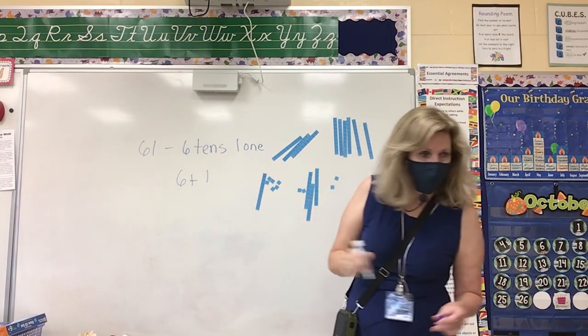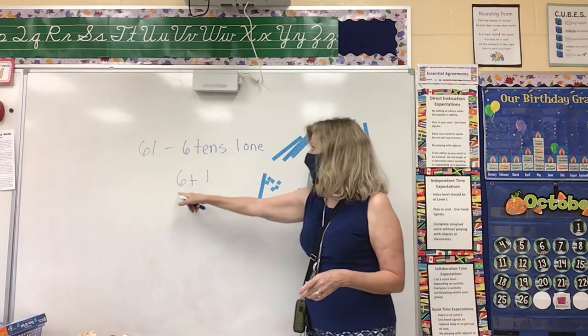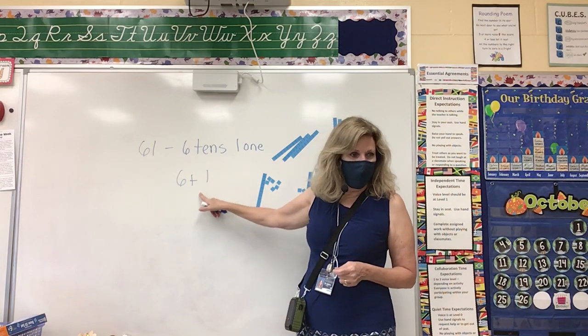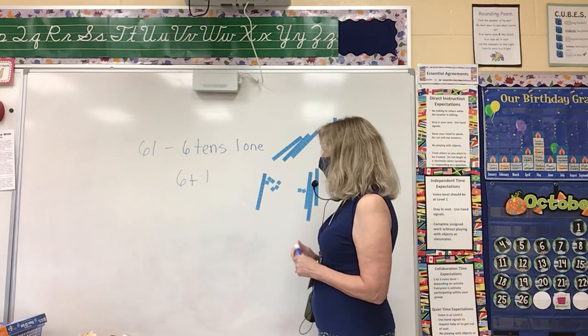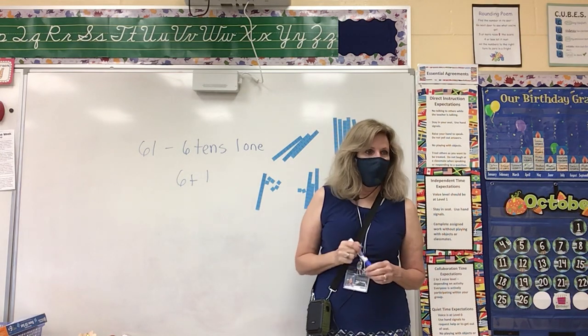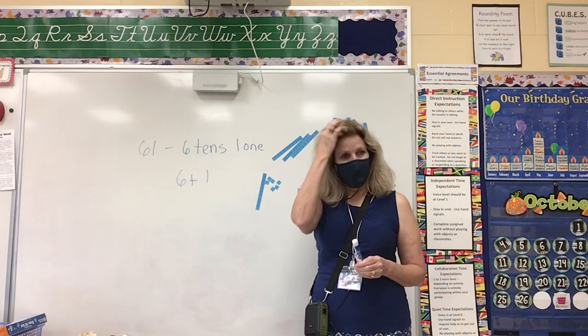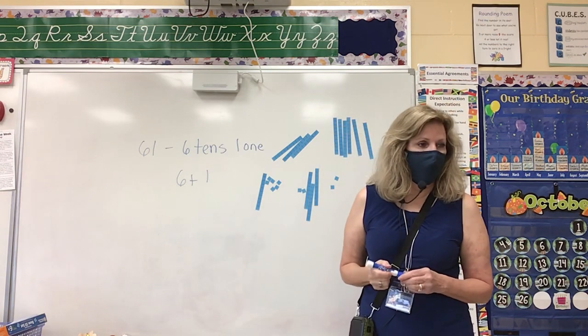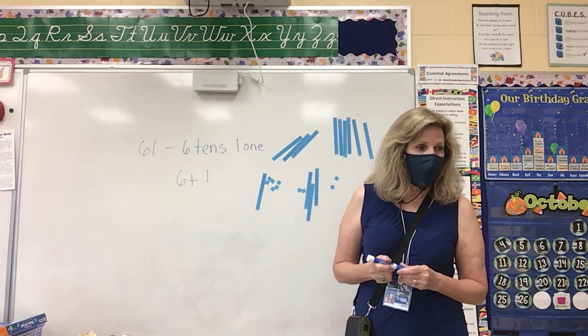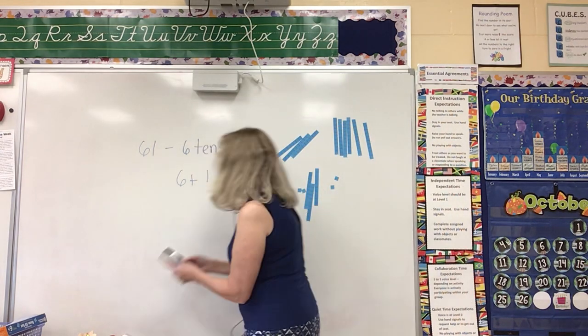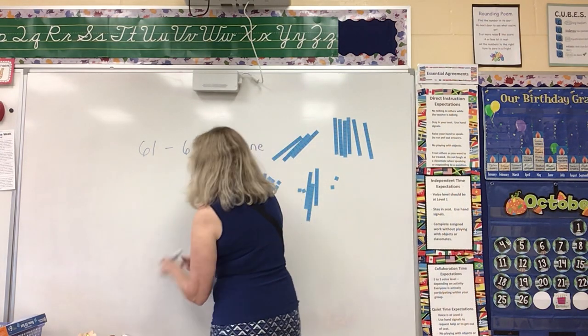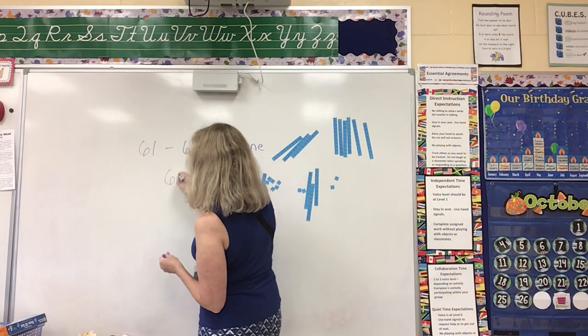What? 6 plus 1 equals 61? 7. Equals 7. So what do we need to correct then? And what does this 6 need to be? 60. Very good. Okay, so we need to change that to 60.